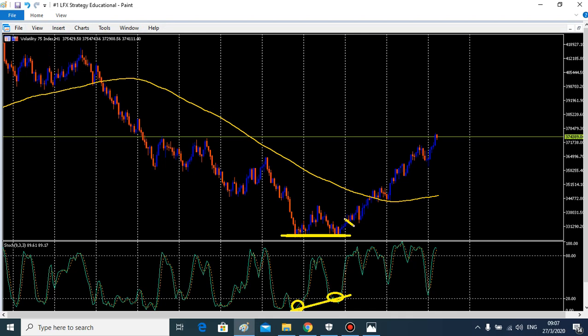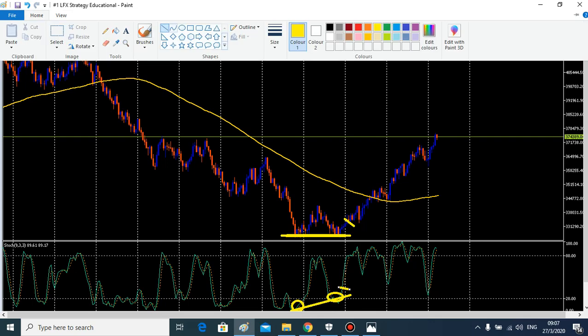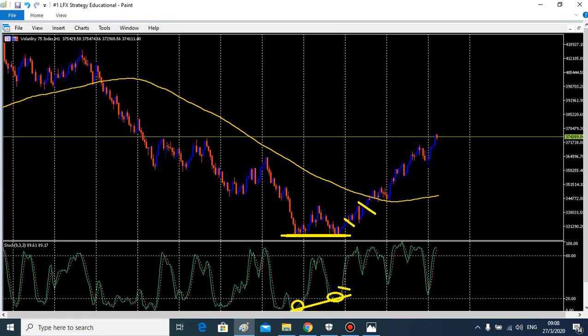If we are looking at aggressive trading, we'll be buying at this point. But if we're looking for risky trading or risk-free trading, otherwise we can enter here or here. Why here? Our strategy involves the 100 SMA, simple moving average.